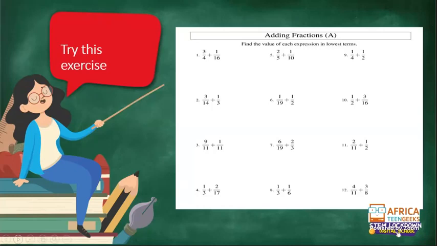Yes, the correct answer is 13 over 16. But how did we get to 13 over 16? Please show your calculations. Which set did you convert? So please do show like yesterday when we were converting.